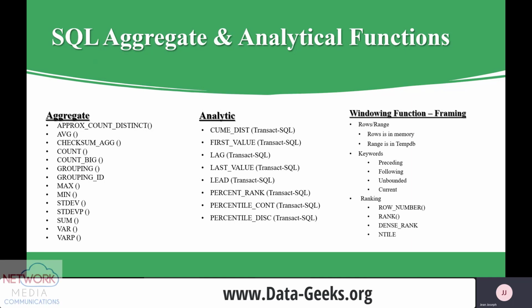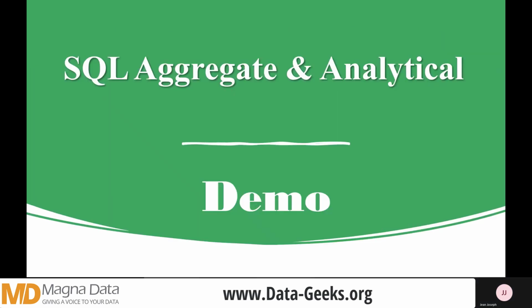Not only do you get better output, but you will increase your performance as well. It supports keywords like preceding, following, unbounded, and current. Not only that, for ranking, we have row number, rank, dense rank, and ntile.